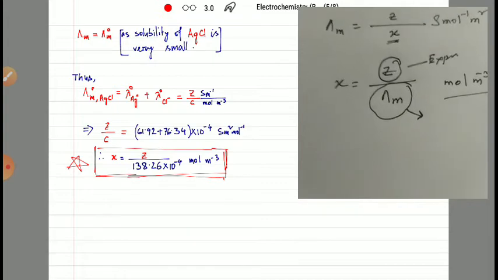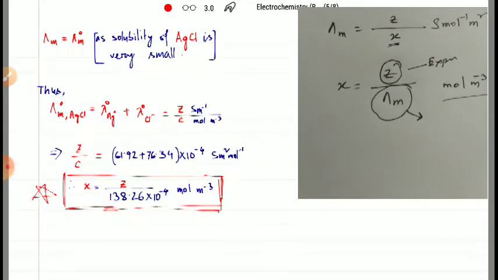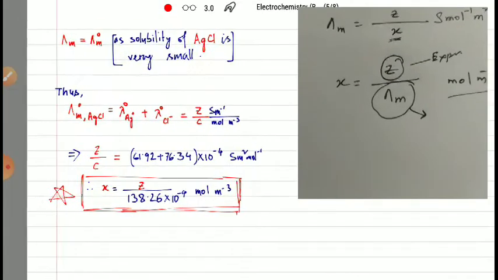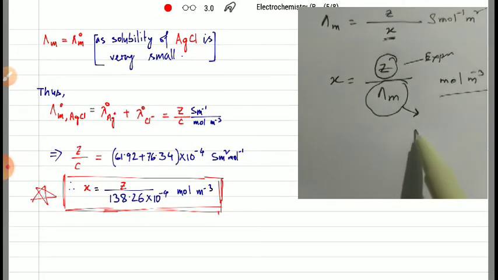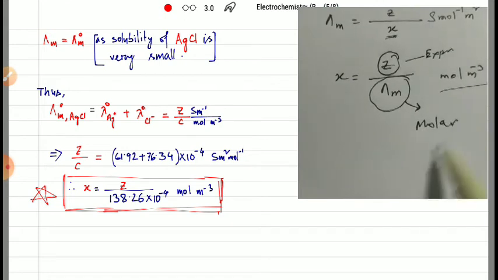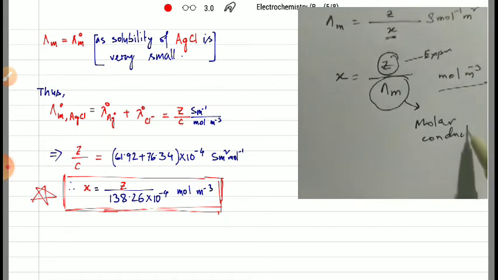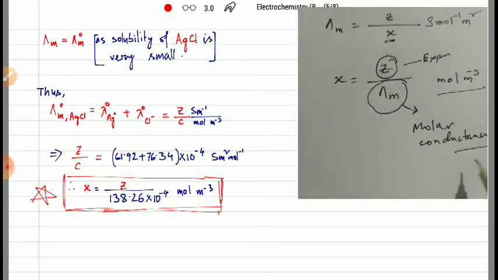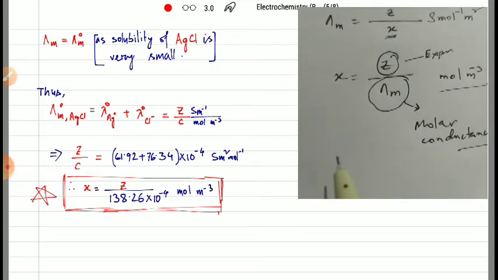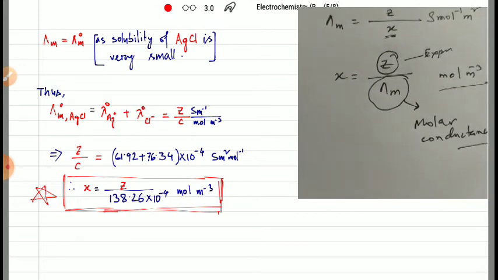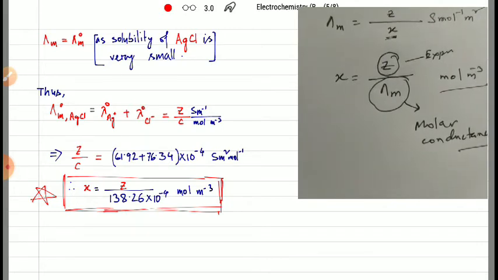Here you see, lambda m is the molar conductance. But the thing is that the solution in this case is very dilute, because it will produce hardly a little amount of ions during the dissolution process.